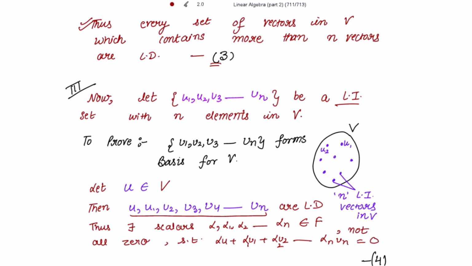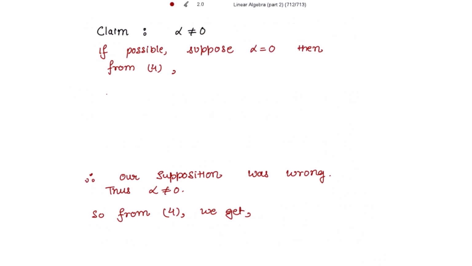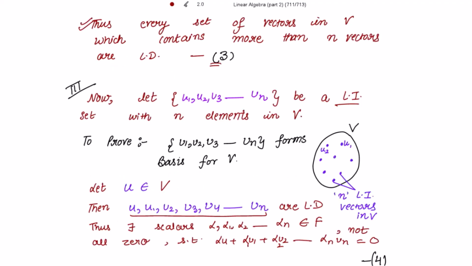Marking this as 4. Now I have to claim that this alpha is non-zero. These vectors are linearly dependent as being more than n, which means the scalars I am taking.